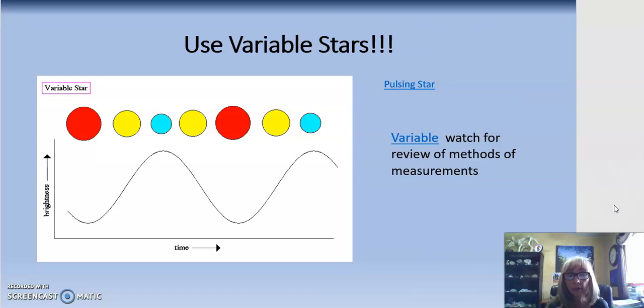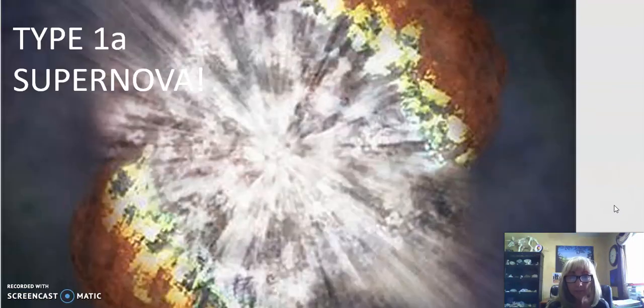The Cepheid variables brighten and dim and brighten and dim. A charted graph of how many days it takes for it to brighten and dim tells us how big that star is, or what its luminosity is, and we are able to calculate its distance. So that's the second way.